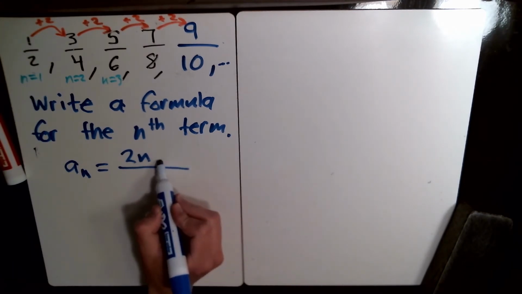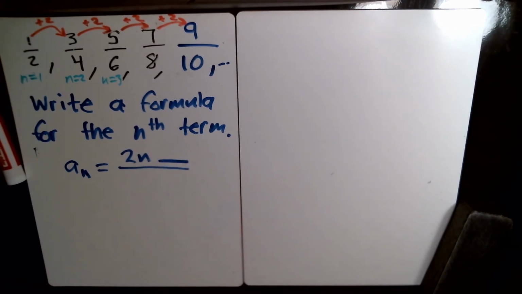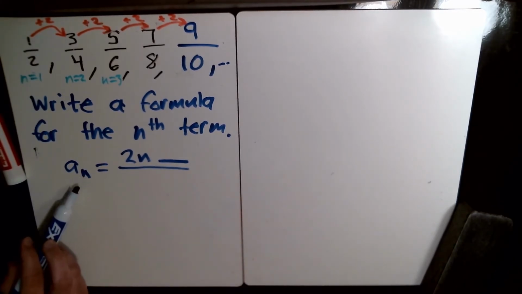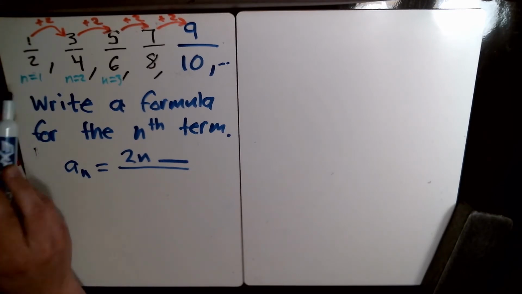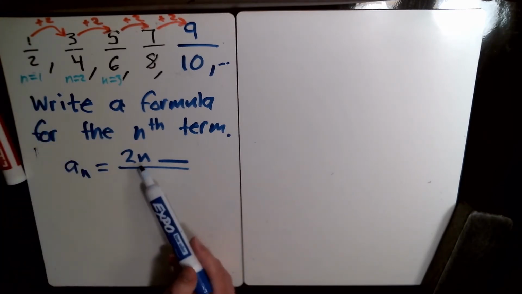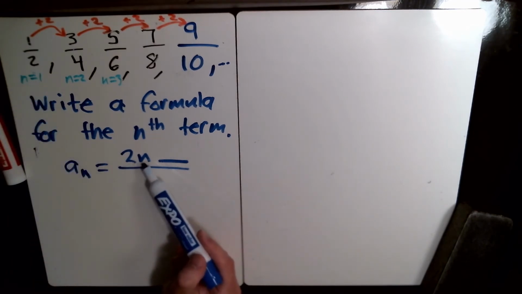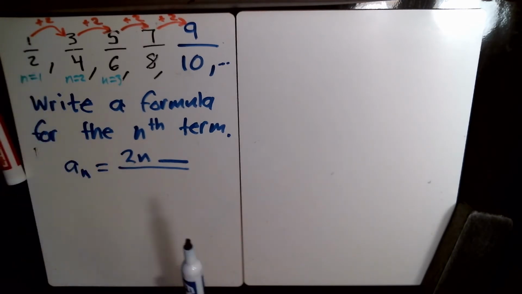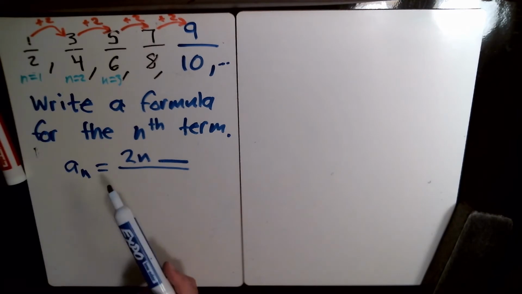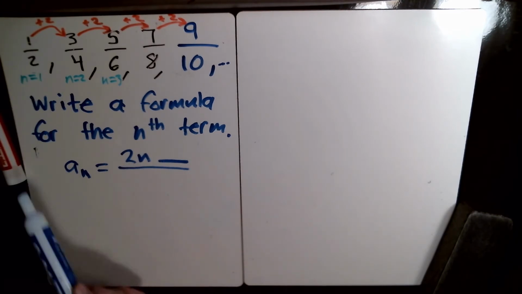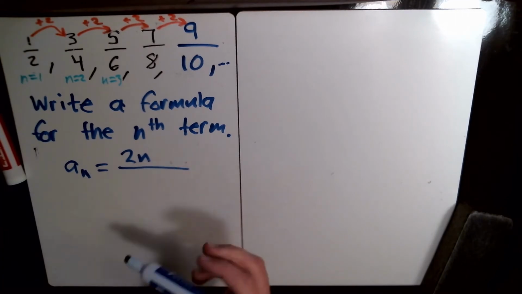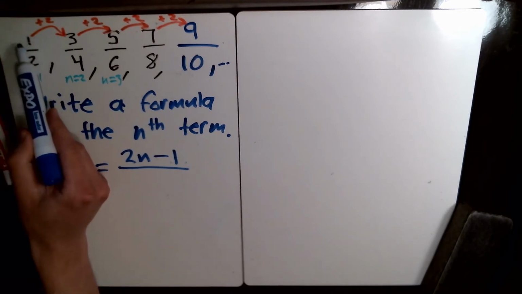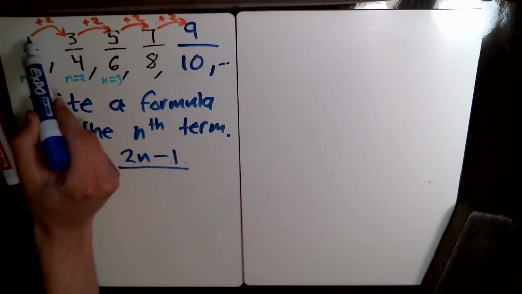I'm not sure what it is yet, but let's try plugging in 1 for n. When I plug in 1 for n, I get 2. That's not quite right. For the top, I need to get 1. So from 2 to get to 1, I would just subtract 1 from 2 to get me the 1 that's in the top.